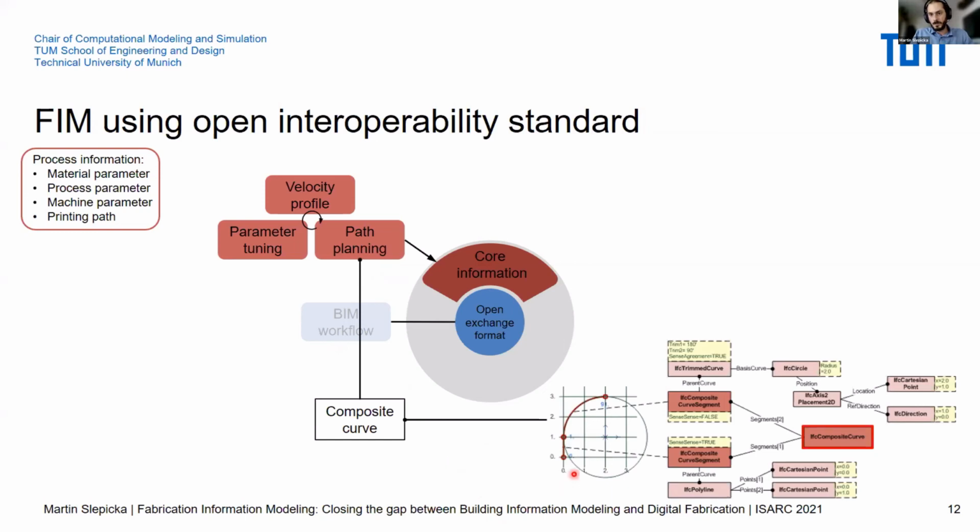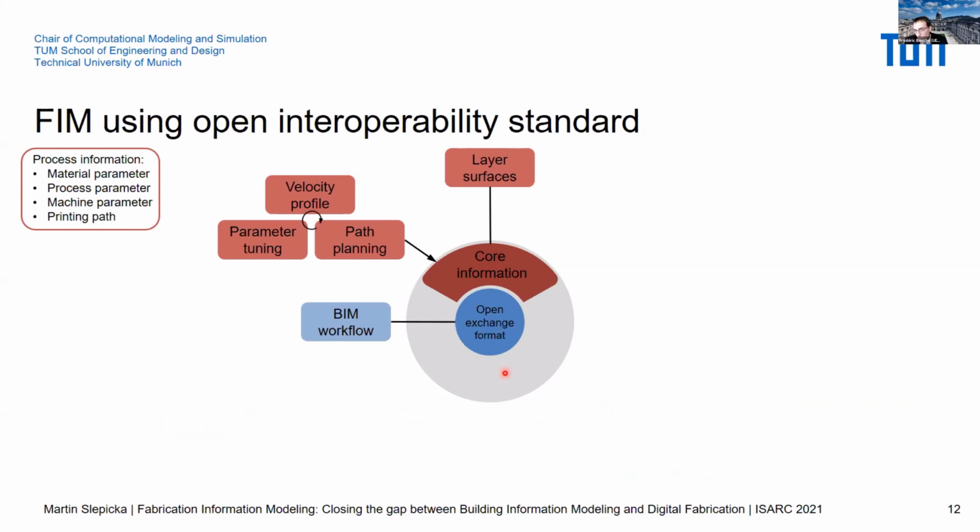That's fine. We also create layer information. This is directly used for the path planning. Any slicing tool uses layers to slice an object into 2D slices, and we can directly use that information to store a normal vector, which can be used to control the orientation of the robot if you use, for example, an industrial robot.